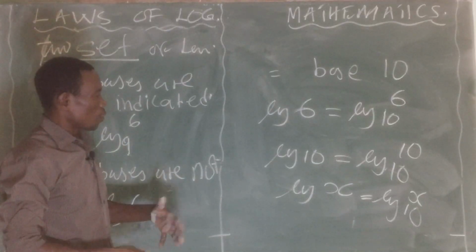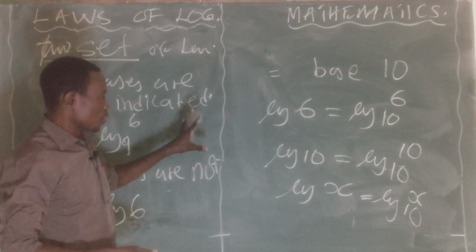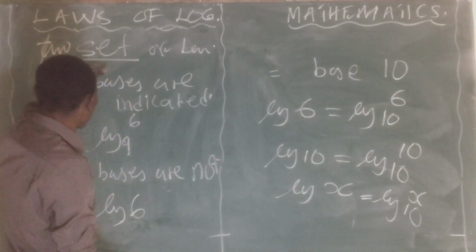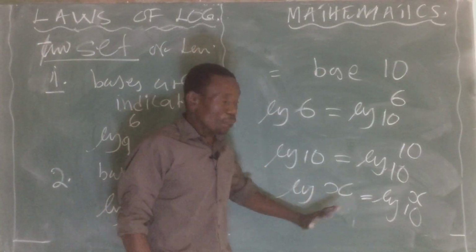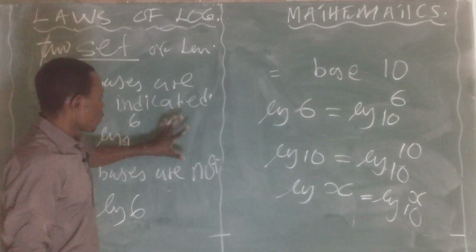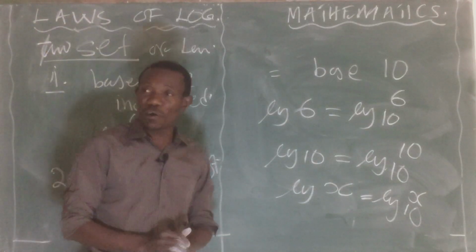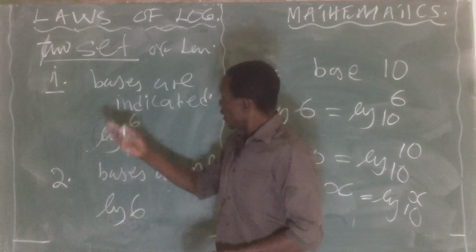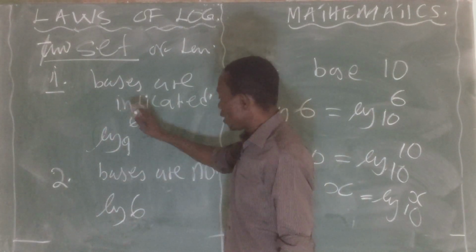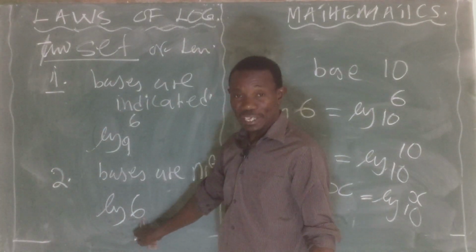So when we're discussing the laws of logarithms, besides knowing the laws, let us also try to understand the depths of the logarithm of numbers. Students, when we discuss the laws of logarithms, take it in two phases to make it simple: logarithm of numbers with base indicated, and logarithm of numbers with base not indicated.